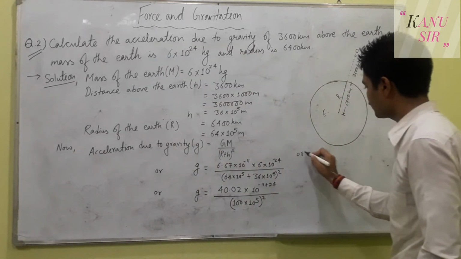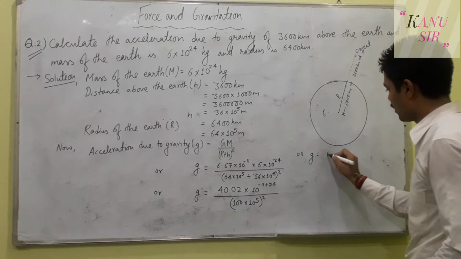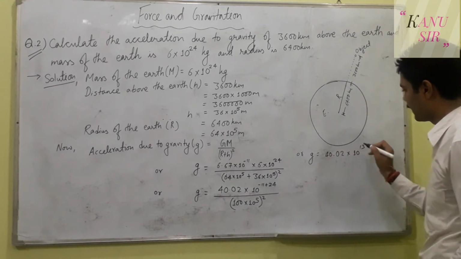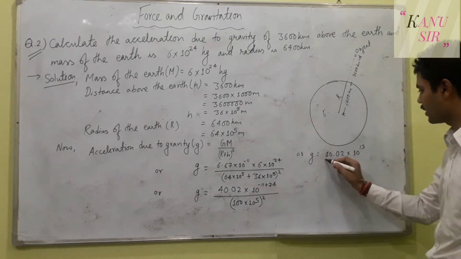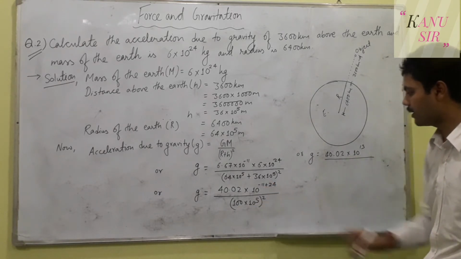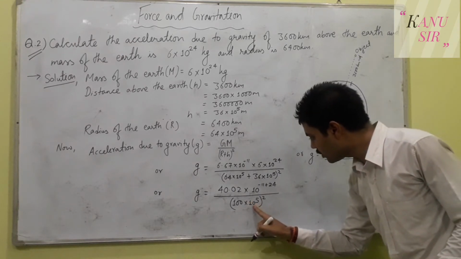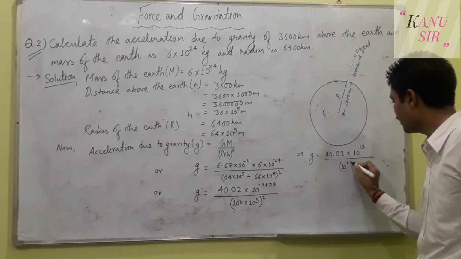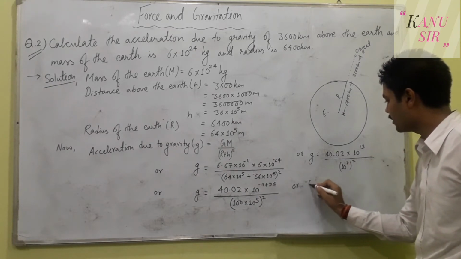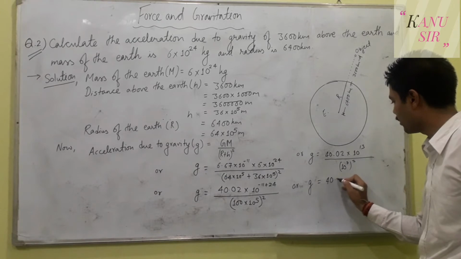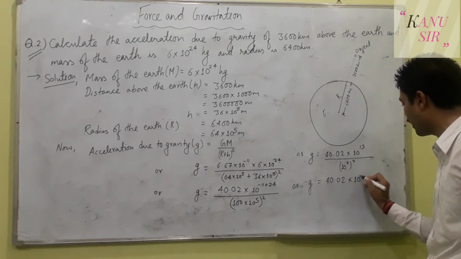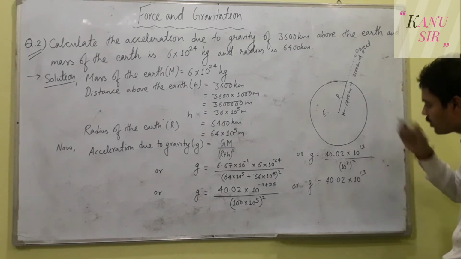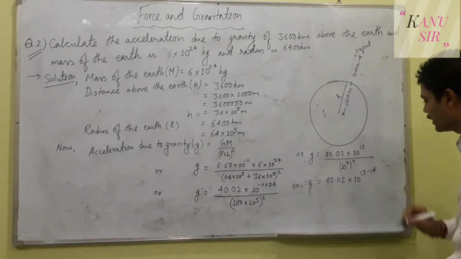So g is equal to 40.02 into 10 to the power 13, since 24 minus 11 gives 13, and 100 into 10 to the power 5 becomes 10 to the power 7, whole square. It means g is equal to 40.02 into 10 to the power 13, and 7 times 2 is 14, and when it goes up it becomes minus 14.